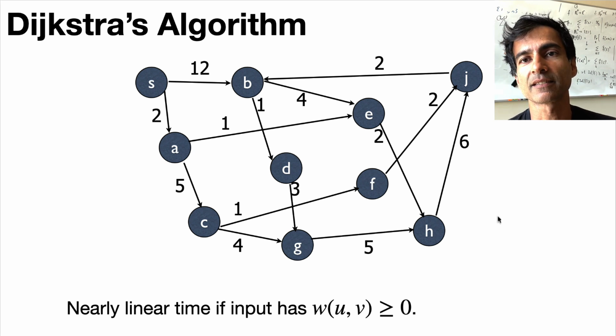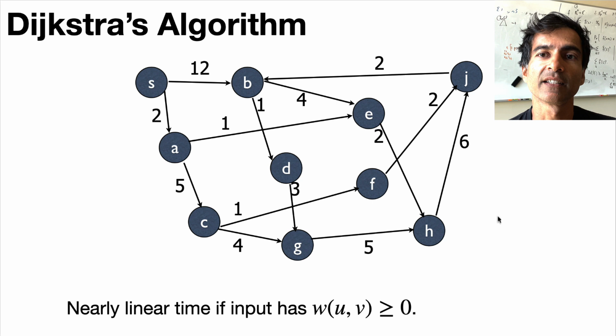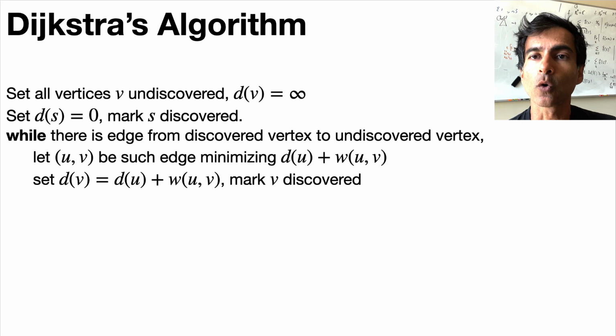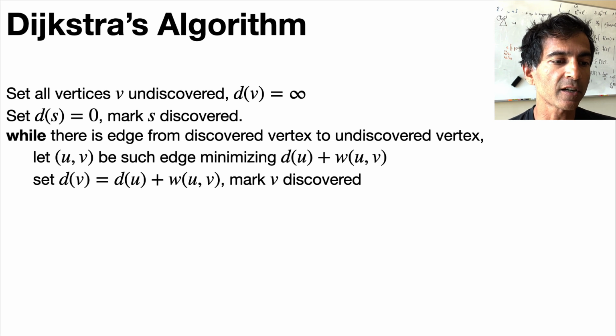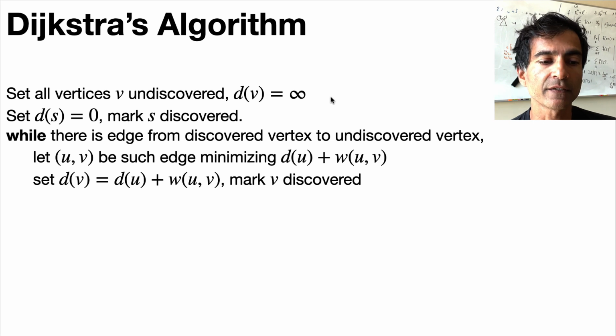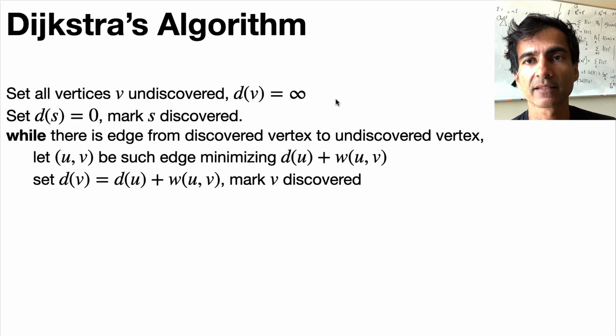Dijkstra's algorithm is a basic algorithm for this problem that runs in almost linear time as long as the edge weights are all non-negative. The goal is to compute the distances of all of the vertices in the graph from S. To do this, we start by setting all of the vertices to be undiscovered and set the distance d_v to be infinity for all v that is not equal to S, and set d_S itself to be 0.